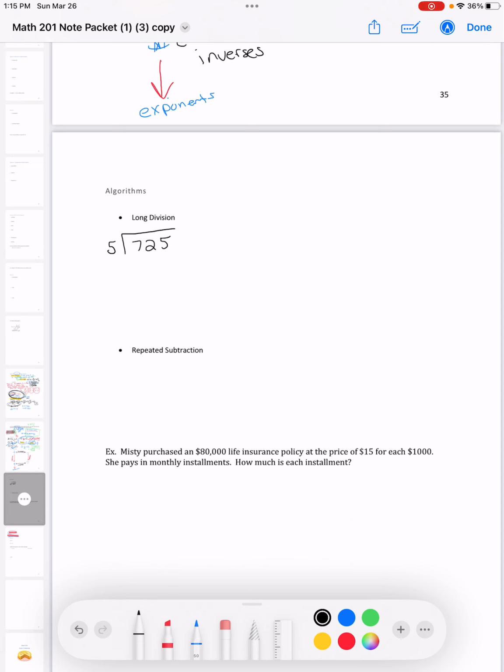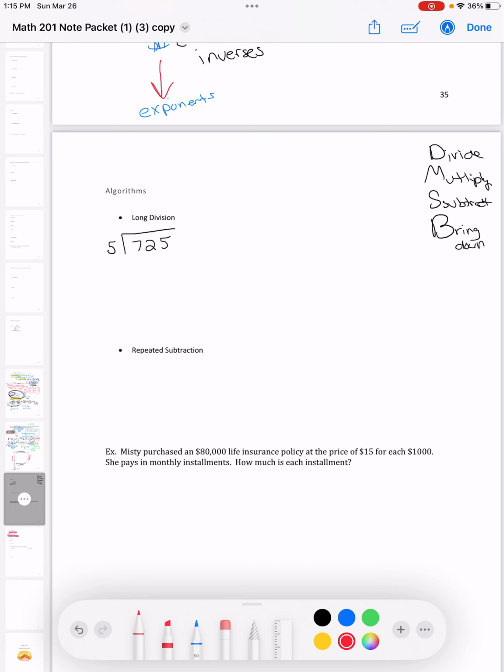And I remember them like a family. There's a dad, a mom, a sister, and brother. And they stand for divide, multiply, subtract, and bring down. But I remember dad, mom, sister, brother to help me remember that order.